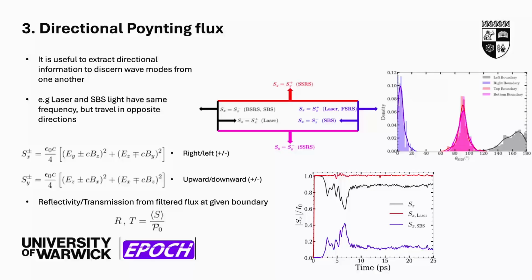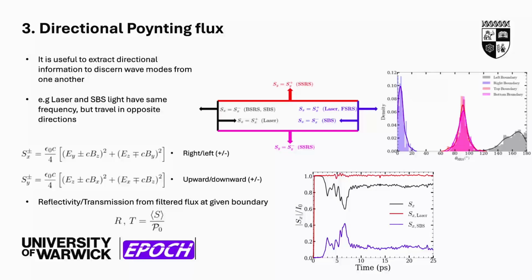The answer is you use a directional-based Poynting flux. You can work out the Poynting flux for a wave purely traveling in the forward direction, and that will give you your laser. In the opposite sense, you can work out something traveling purely in the backwards direction, and that will give you your SBS light.